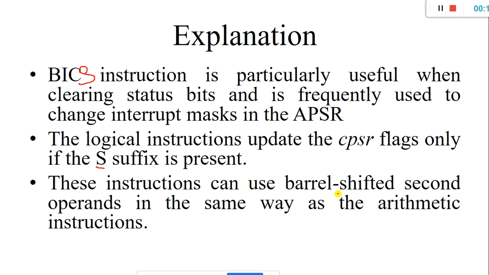These instructions can be used along with the barrel shift as a second operand, as we already saw in arithmetic instructions. The way we use LSL or LSR, in the same way we can also use BIC followed by some operation, and again you can go for using the barrel shift instructions.